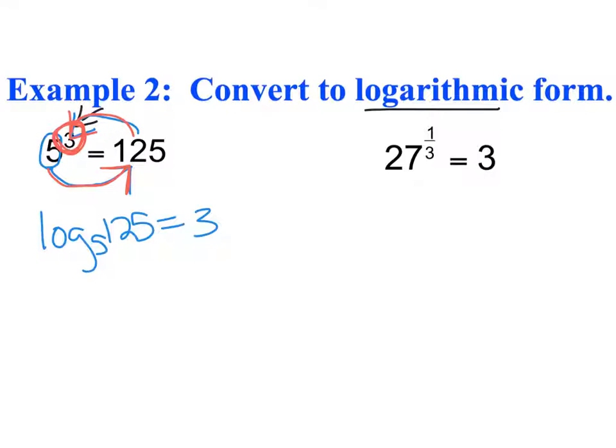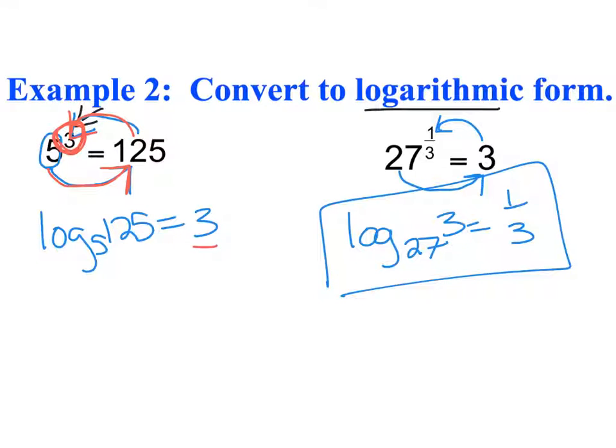Remember, my exponent is what ends up on the other side of my equal sign. So over here I'm going to have a log. I'm converting to a log, so log base 27 of 3 is equal to 1/3. Log base 27 of 3 is equal to 1/3.